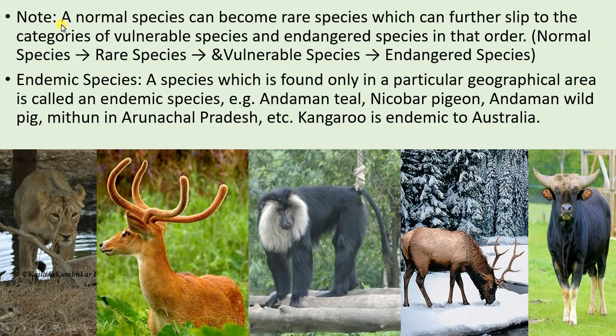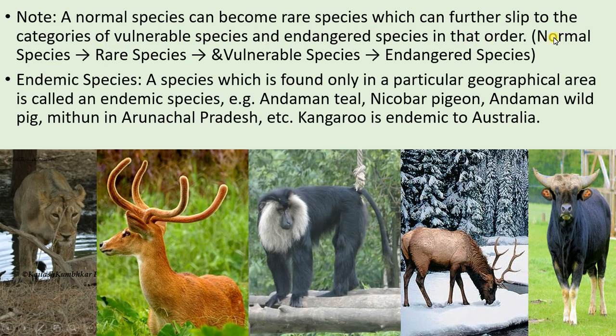It is a notable point that a normal species can become a rare species, which can further slip to the category of vulnerable species and endangered species, in that order.